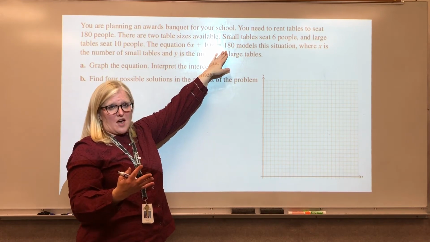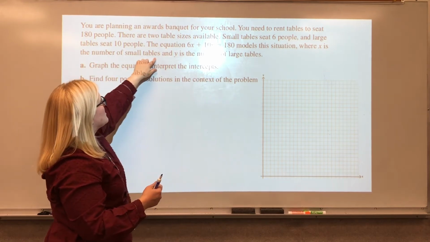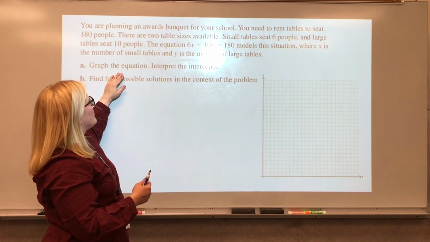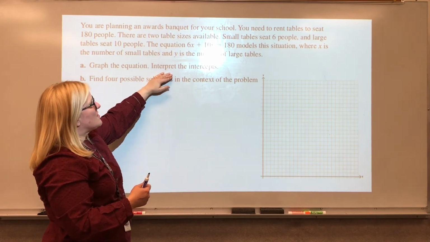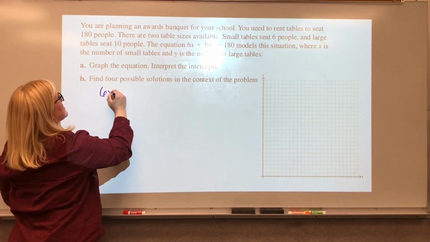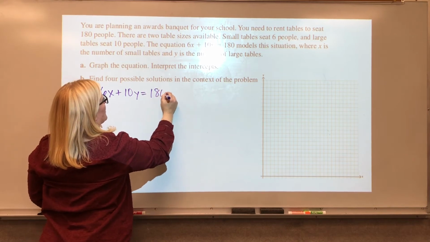So we don't have to come up with the equation, where x is the number of small tables, y is the number of large tables. So we want to graph the equation and interpret the intercepts. So we've got 6x plus 10y equals 180.